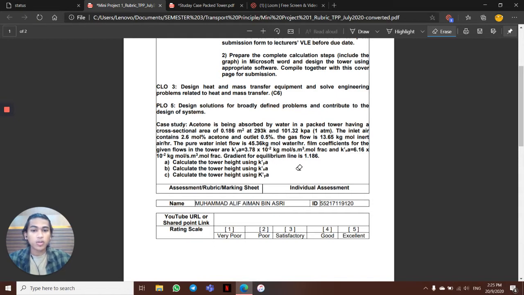Gradient for equilibrium line is 1.186. So the question is, calculate the tower height using K prime YA, calculate the tower height using K prime XA, and calculate the height of tower using capital K prime YA. So basically this question wants us to calculate the height of the tower using the different mass transfer coefficients.